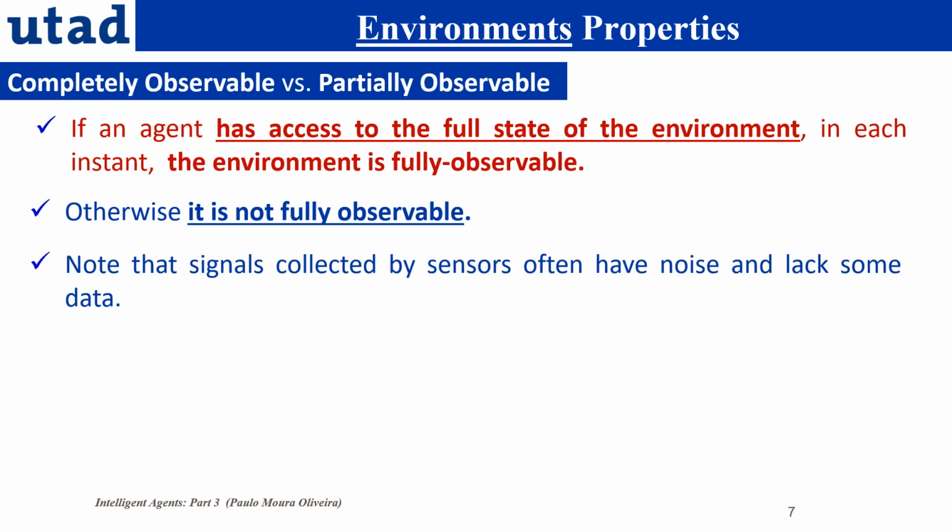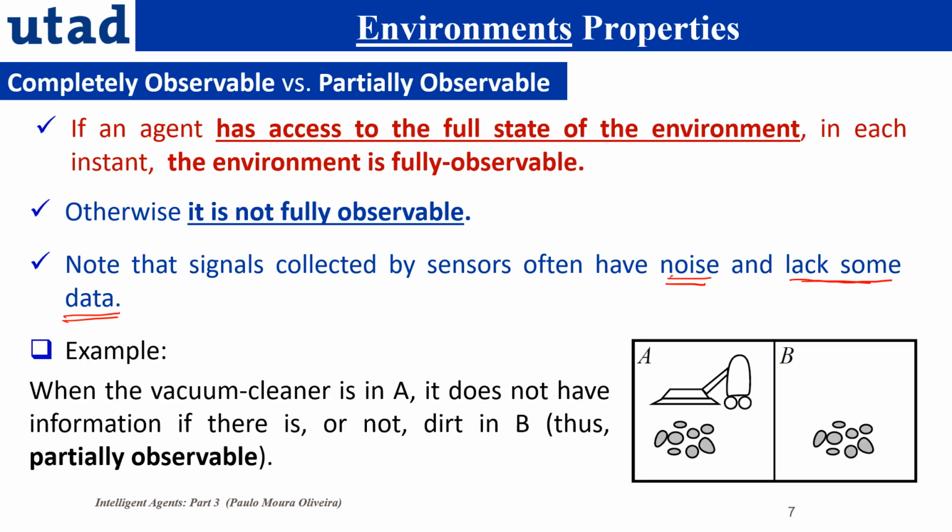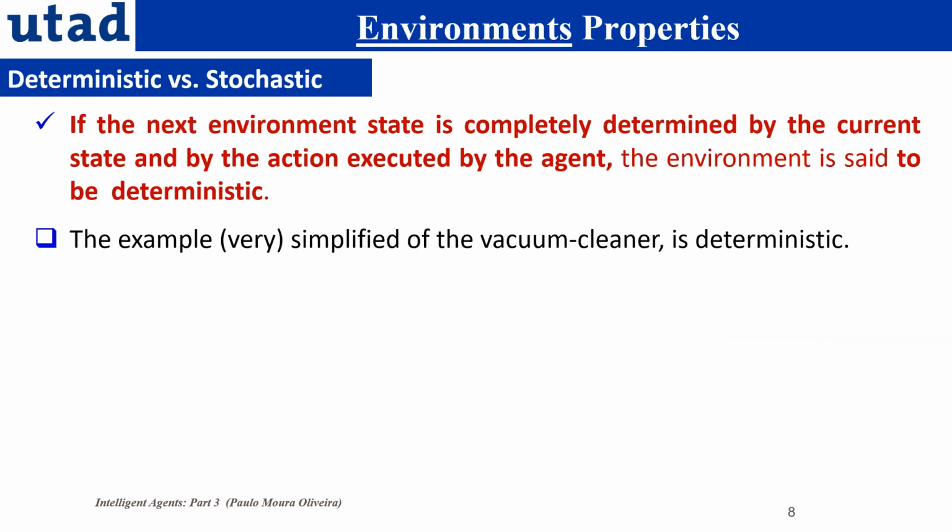You have to note that sensors are prone to noise, and there is often some lack of information when collecting data with sensors. An example: the vacuum cleaner, when it is in square A, doesn't have any information about whether there is dirt in position B. So we have to say that it is partially observable.